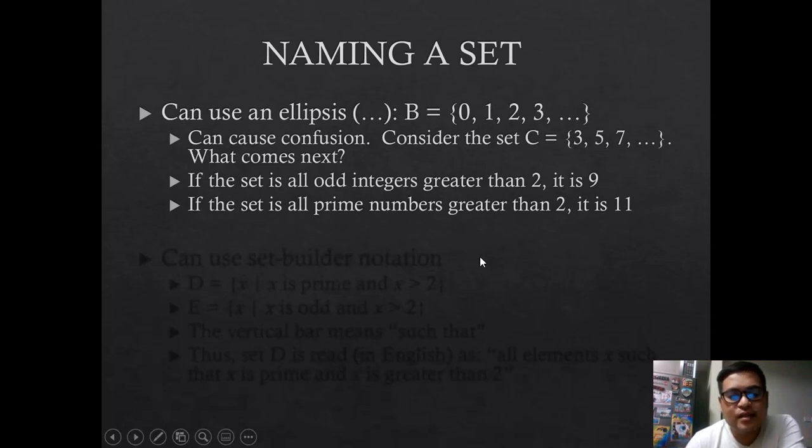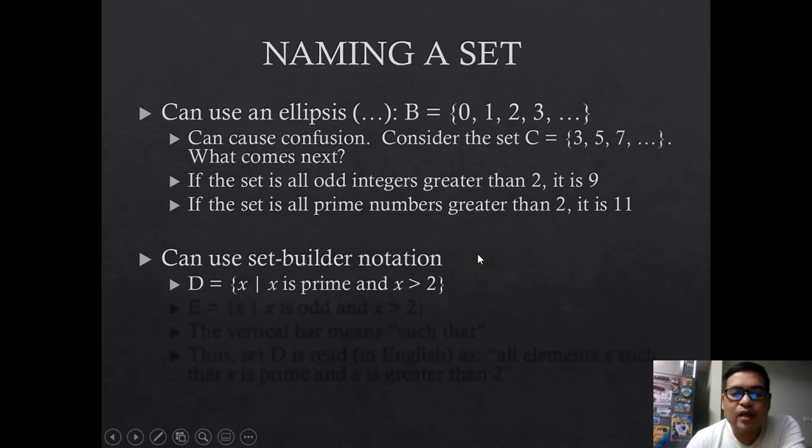So another one is using the set builder notation. Say for example, set D is equal to the set of X such that X is prime and X is greater than 2. Set builder notation, this one is read as "such that." I'll repeat this so you can follow me.